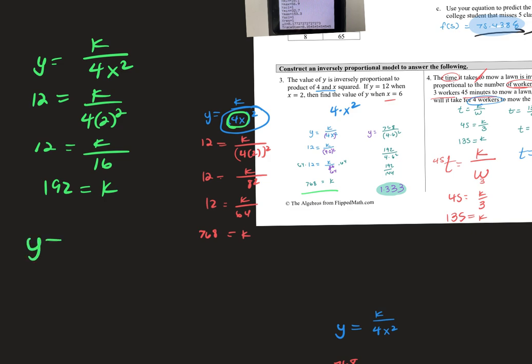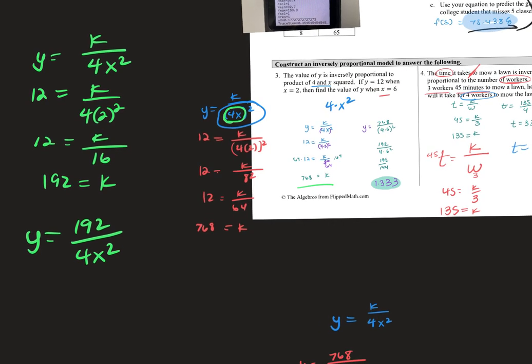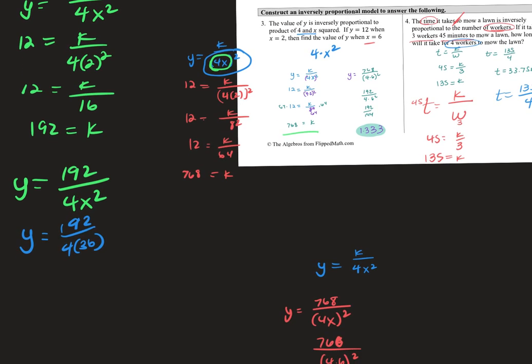And then y equals 192 over 4x squared is my model. When you want to find the value of y when x is 6, y would equal 192 over 4 times 36. That's this one over here. 192 over 144, which is 1.33.